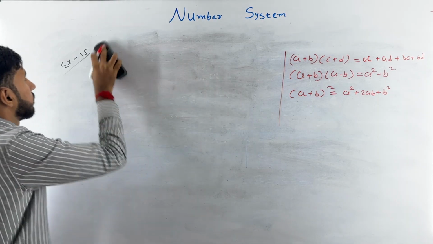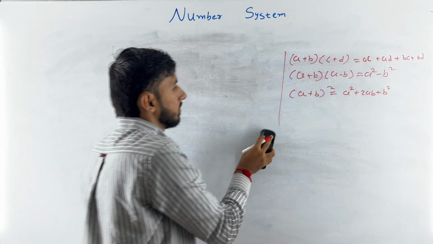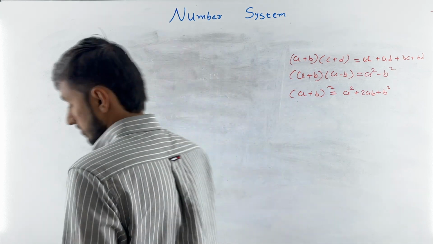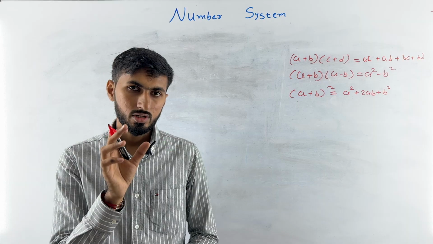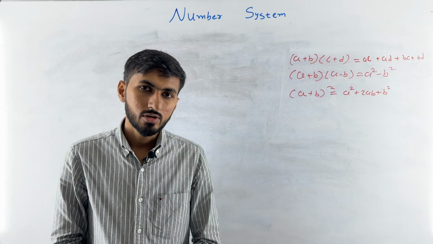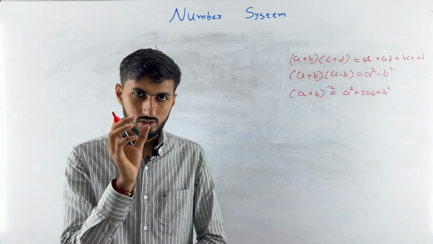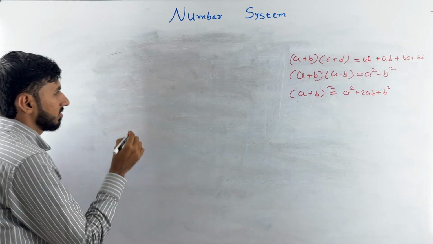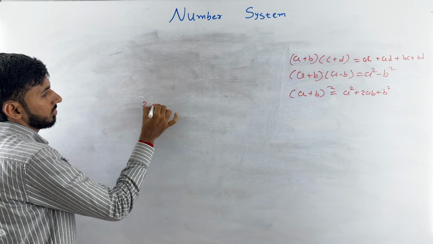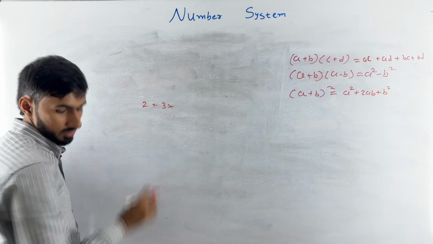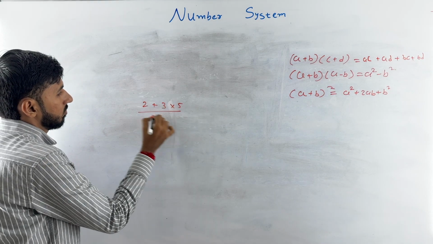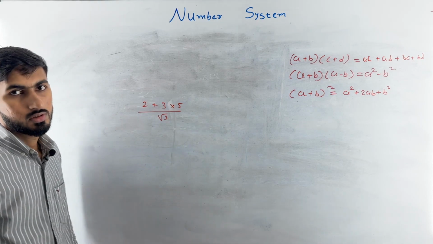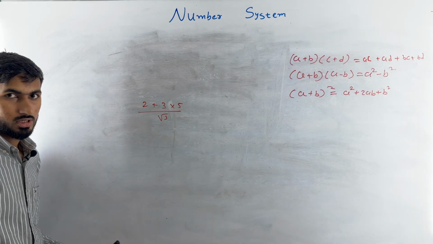Now what if we are solving some examples, and in the denominator we have a number with square root? What I am saying is, let me write it: 2 plus 3 multiply 5 upon root 3. What will be the answer, right?